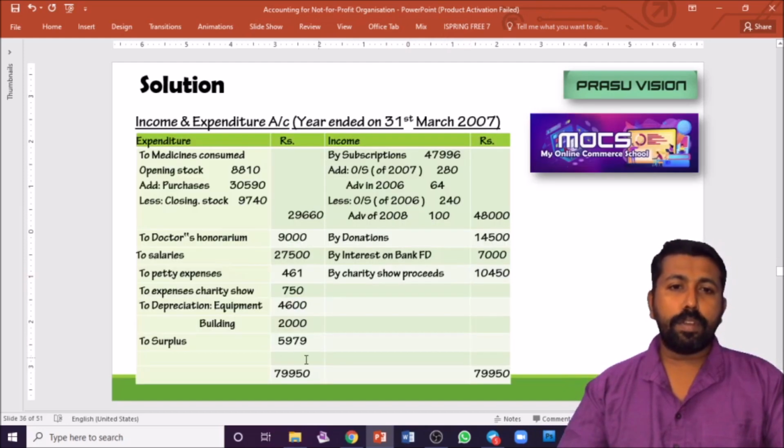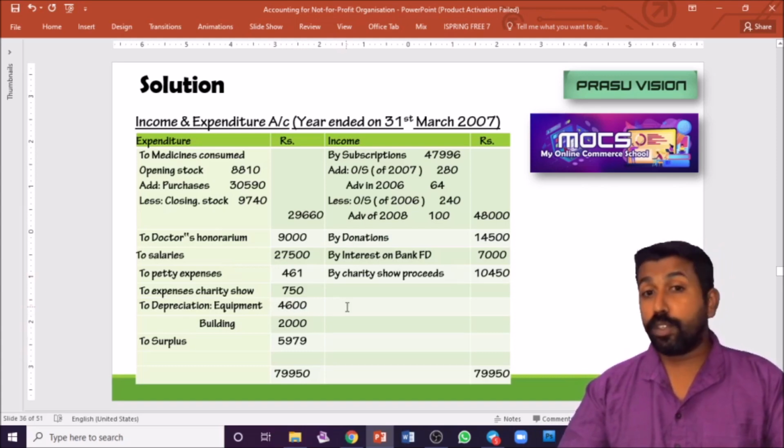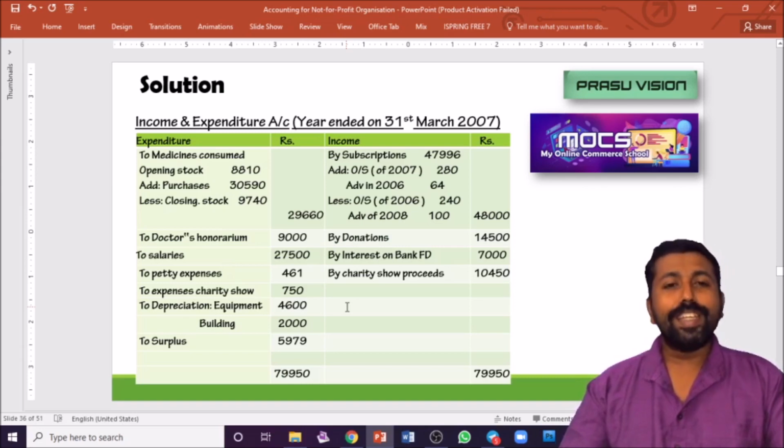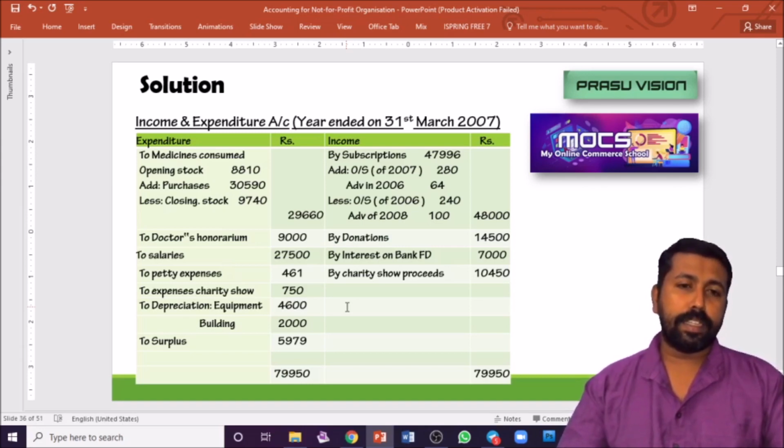Then we get the depreciation of 4,600. So please remember and note the equation. We get the depreciation of equipment like this: opening value of equipment plus purchased during the year minus closing value of equipment.